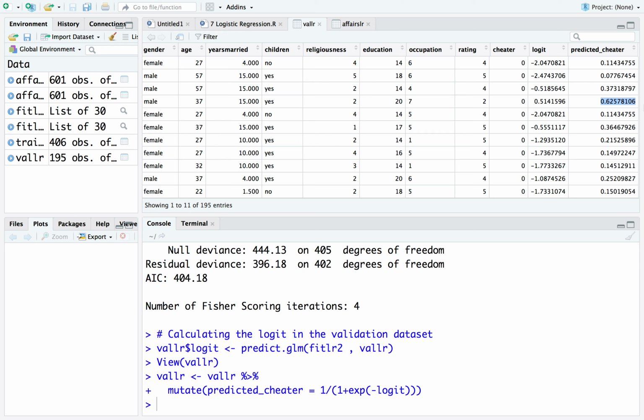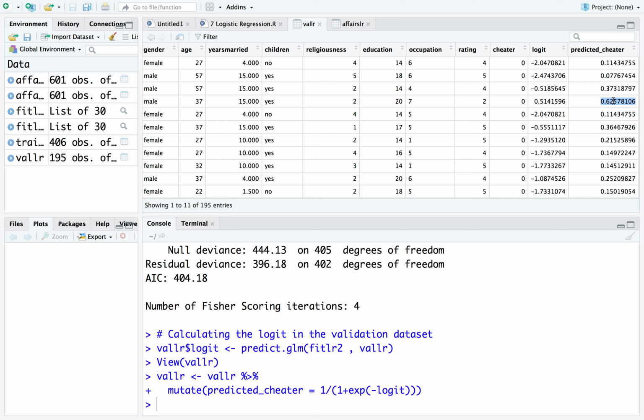Many times in marketing, it's about a cost-benefit analysis. Let's say the probability of somebody buying is 62%, and if they buy, they're going to buy $100.